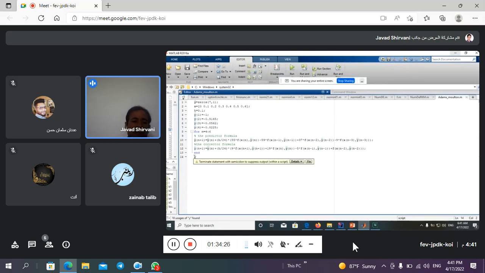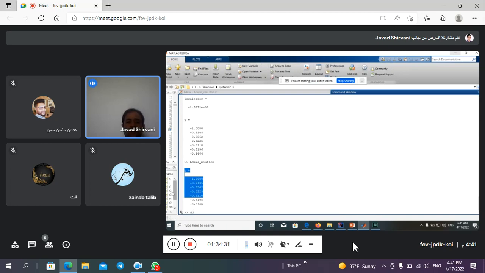The last y is to print the y in the output. Here we can get two other values, for example y at 0.5 and 0.6, as you can see here.